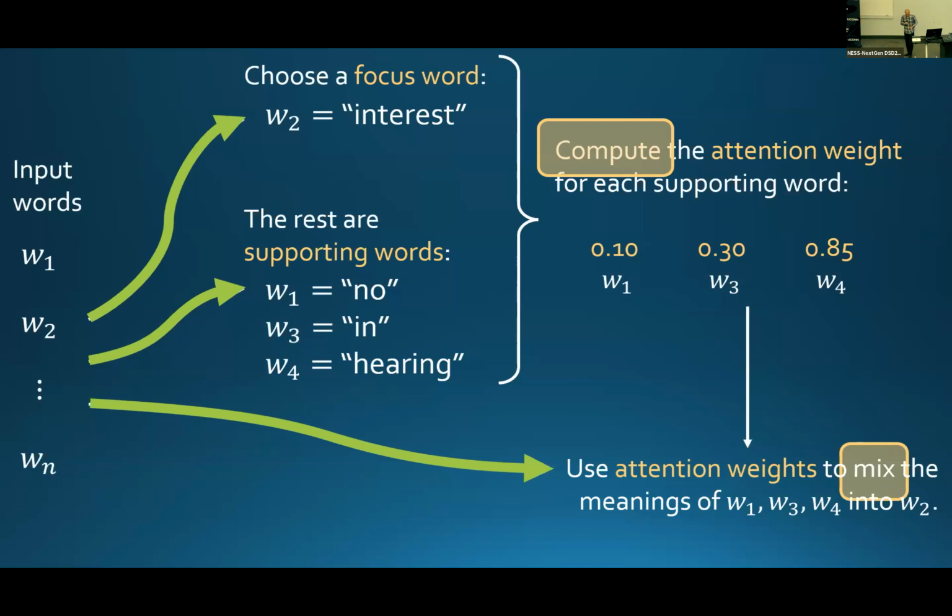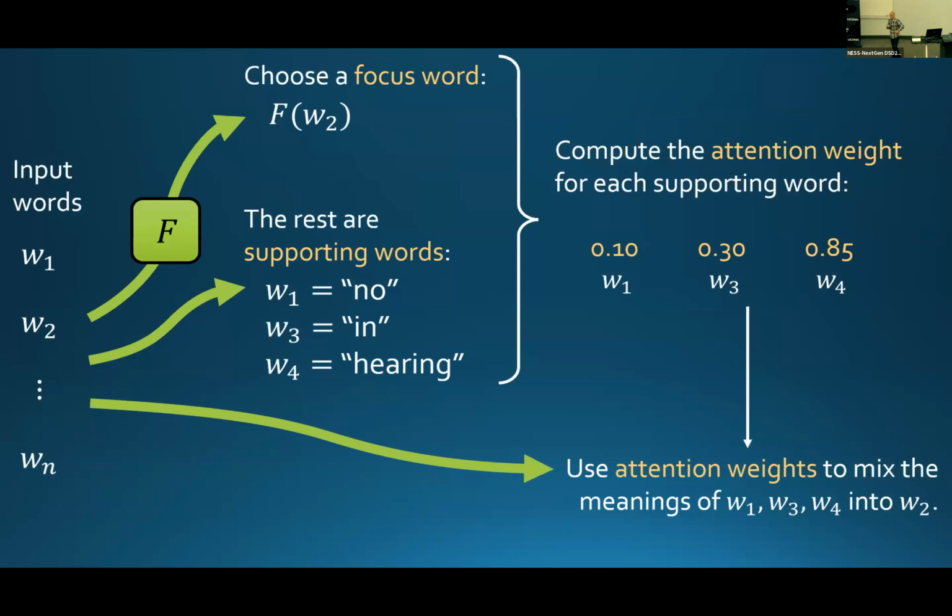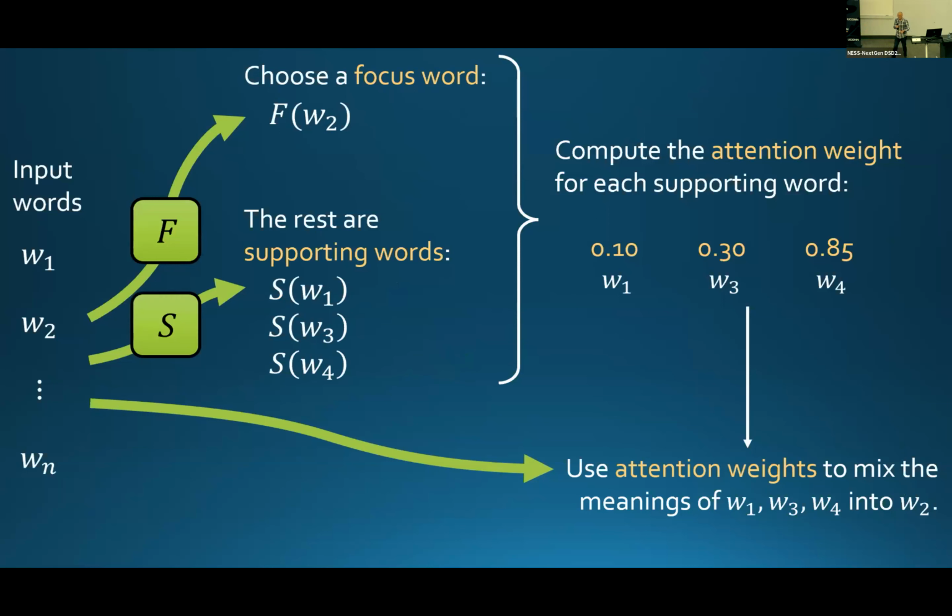So here's what we're going to do. We're going to introduce some mathematical functions to solve that problem. I'm going to make a function f whose job is to convert a plain old ordinary word vector into one that can play the role of the focus word. Then I'm going to create a separate function S that will take the same input vector, but prepare it to play the role of a supporting word.